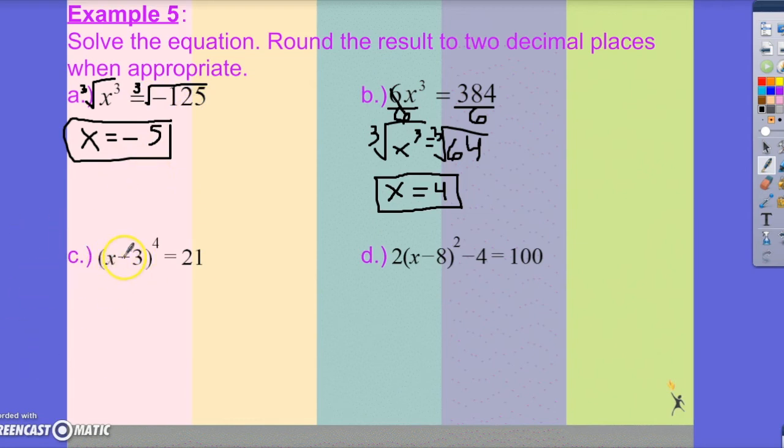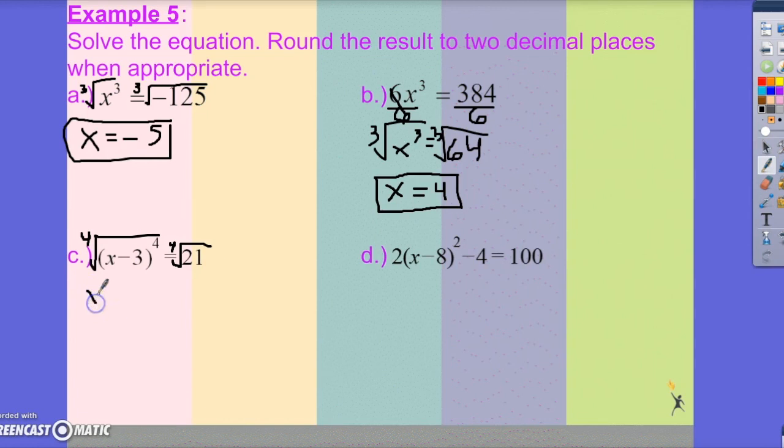Now C, be careful. Do not multiply. Do not distribute the fourth power to everything. That's the same as saying 4 of these x minus 3's. We don't want to do that. You're not going to be able to solve it. It's going to be this huge problem. You simply want to, for this, take the fourth root of both sides.